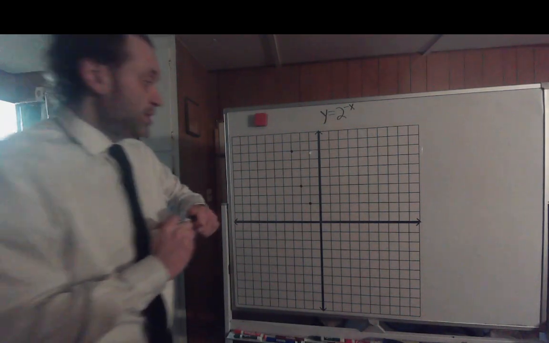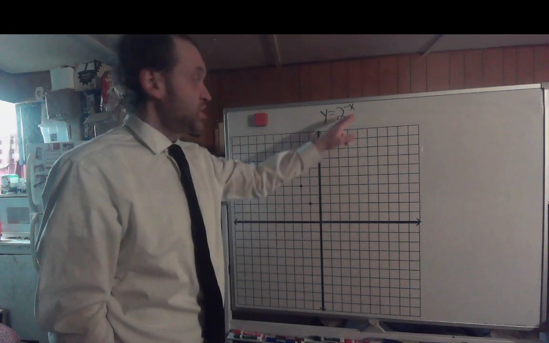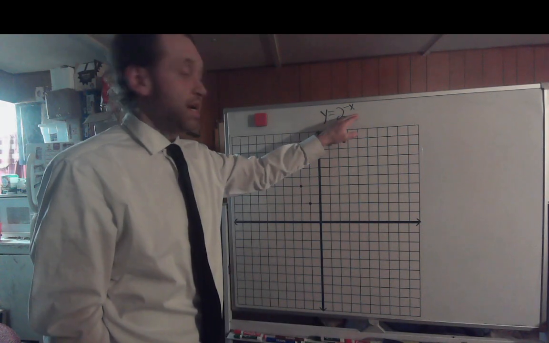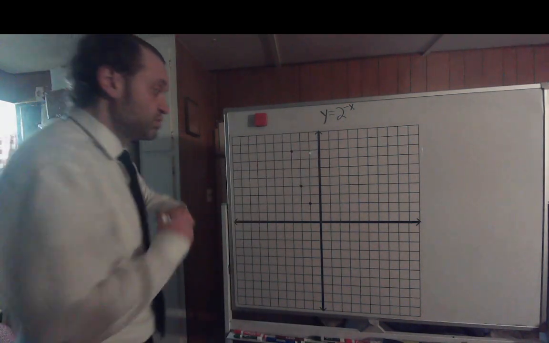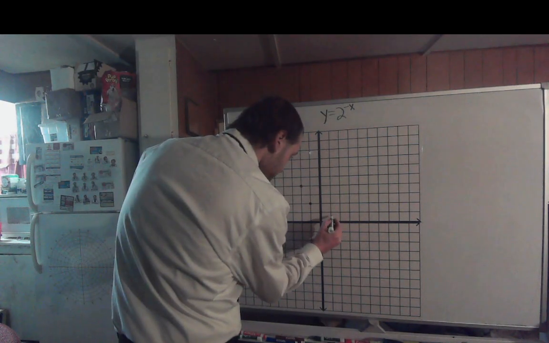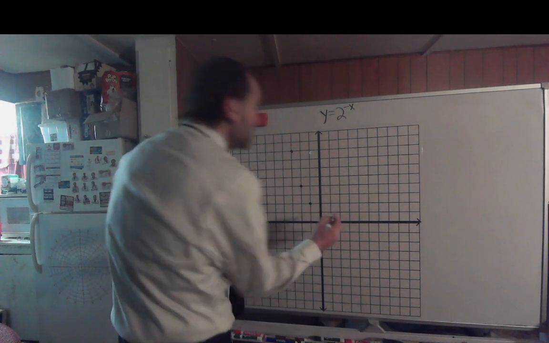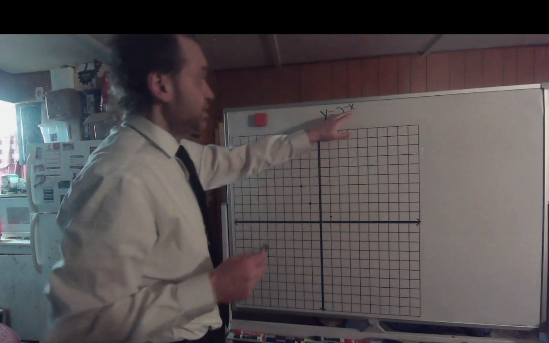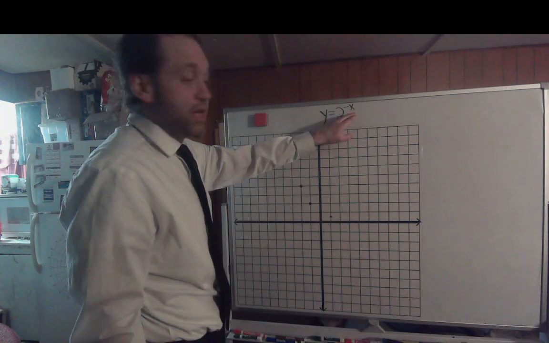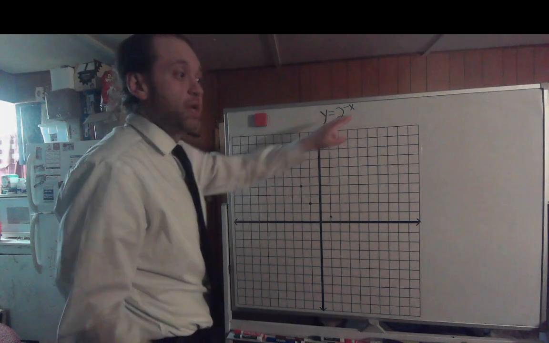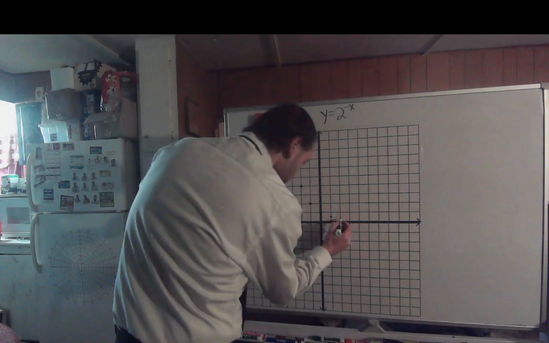Now let's go in the positive direction with x. When you have 1 in there for x, that's 2 to the negative first, which is 1/2. So you would have the point 1, 1/2. Now how about when x is 2? So you would have 2 to the negative second, which would end up being 1/4.